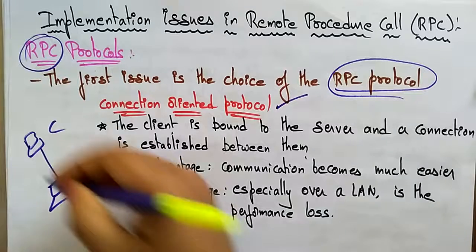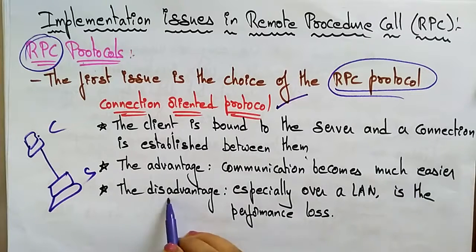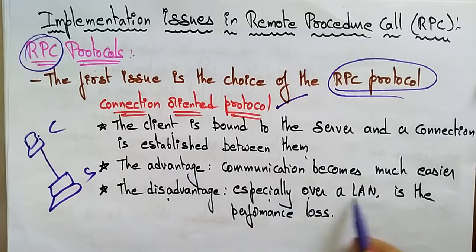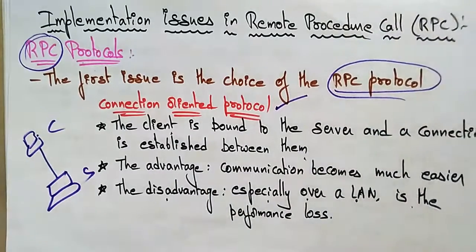If a connection is there, like a wire connected between the client and server, communication becomes easier. You don't bother about the network properties, what type of technology they are using. The disadvantage, especially over a local area network, is performance loss. The connection oriented protocol will work on a local area network only, not on a wide area network.